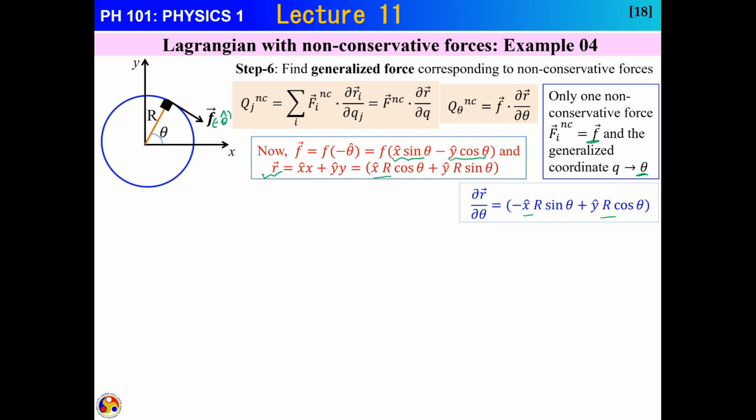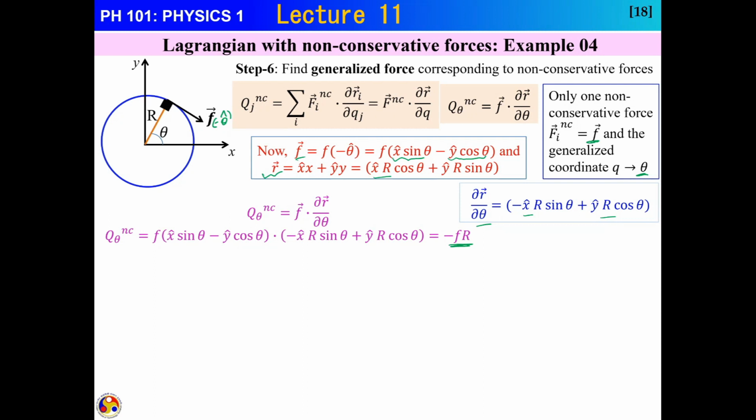So now we have all the terms, F, partial derivative of r with theta, find out what is Q theta non-conservative. Which will be here F, so this will be minus r sine square theta minus r cos square theta. So taking minus r outside, it will be sine square theta plus cos square theta, leaving minus Fr.